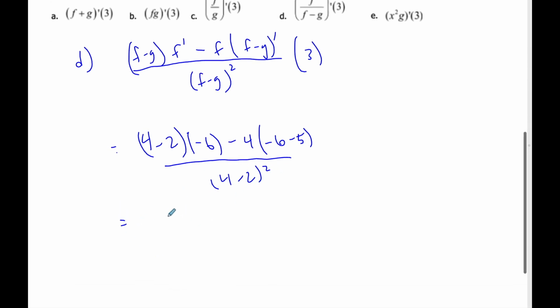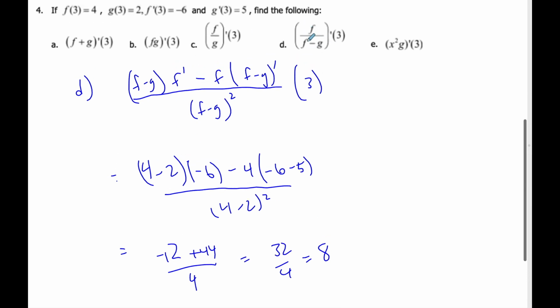And so when I do it, I end up with 2 times -6 is -12, plus 44 is 32, and 4, which is 2 squared, so 32 over 4, which ends up being 8. And so we use the quotient rule on this messy combination of functions.